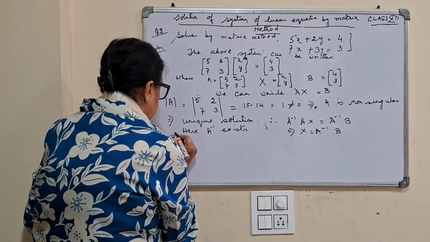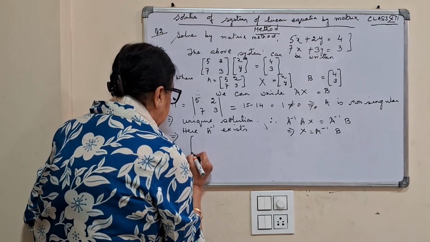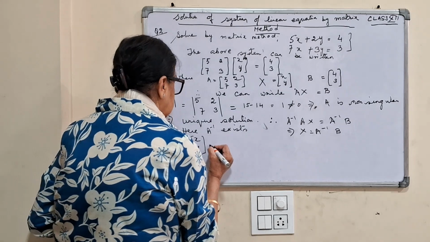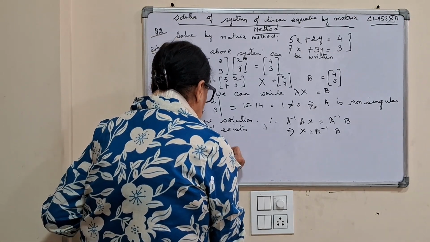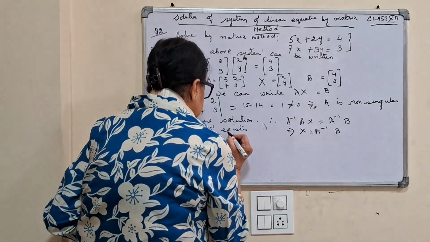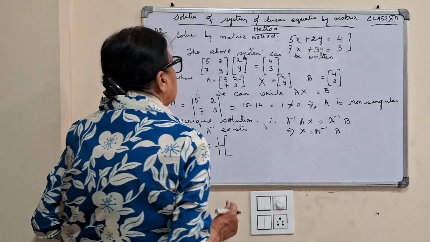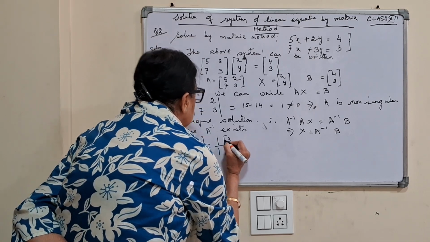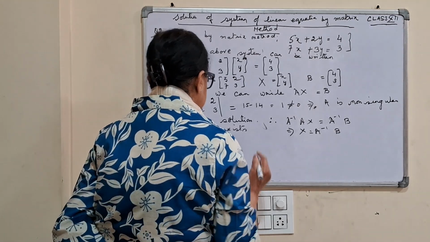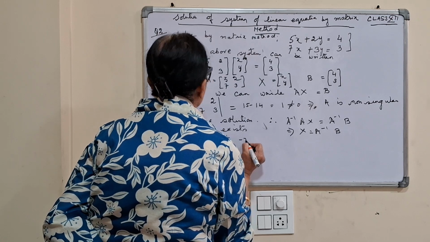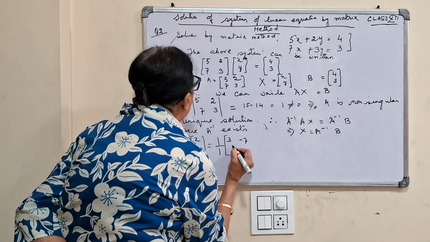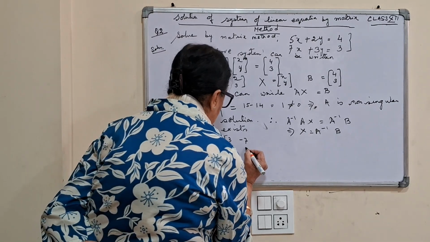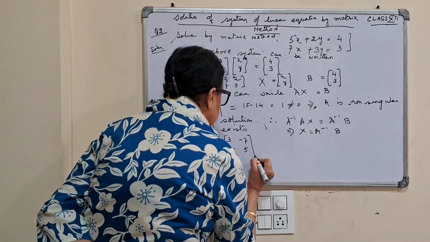Implies X is equal to, that is xy, implies A inverse is 1 by 1 here, that is adjoint of A. Adjoint of A will be 3, minus 7 and minus 2 and 5, that is the transpose.